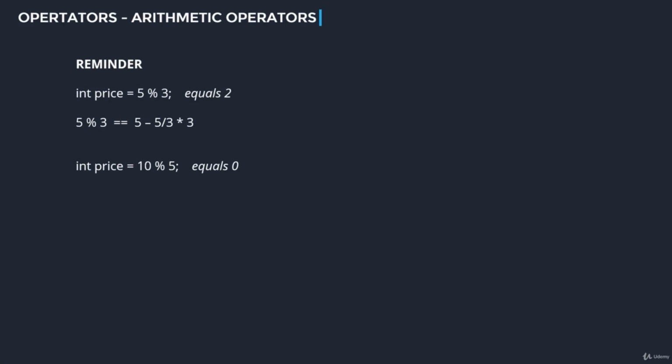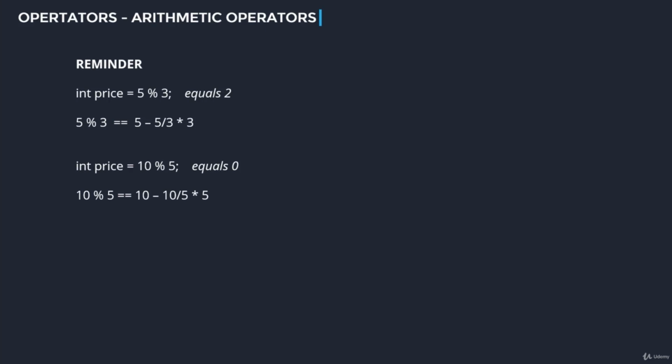The output of this line is going to be 0 because we divide 10 by 5, so there is no remainder. If we use the formula here, 10 divided by 5, which is 2, and we multiply it by 5, which is 10, and 10 minus 10 equals 0.